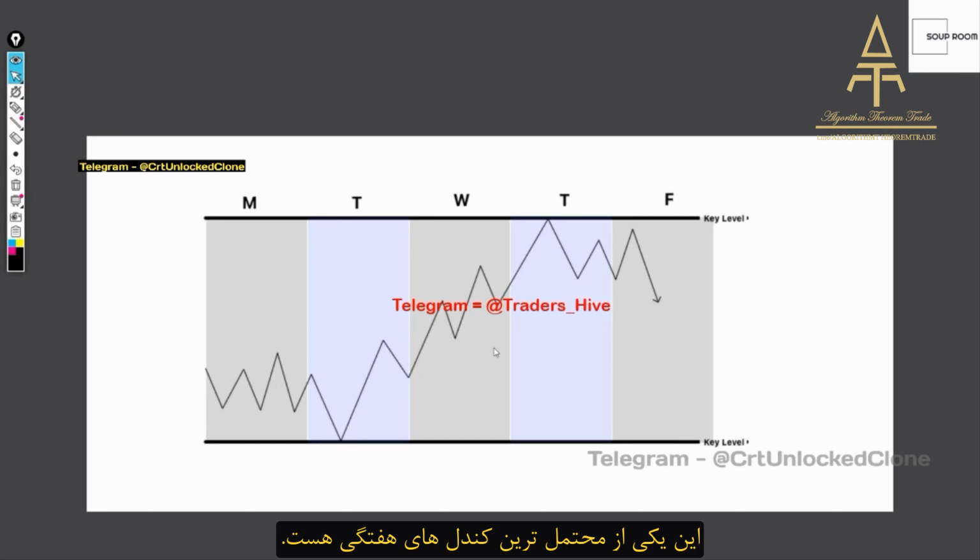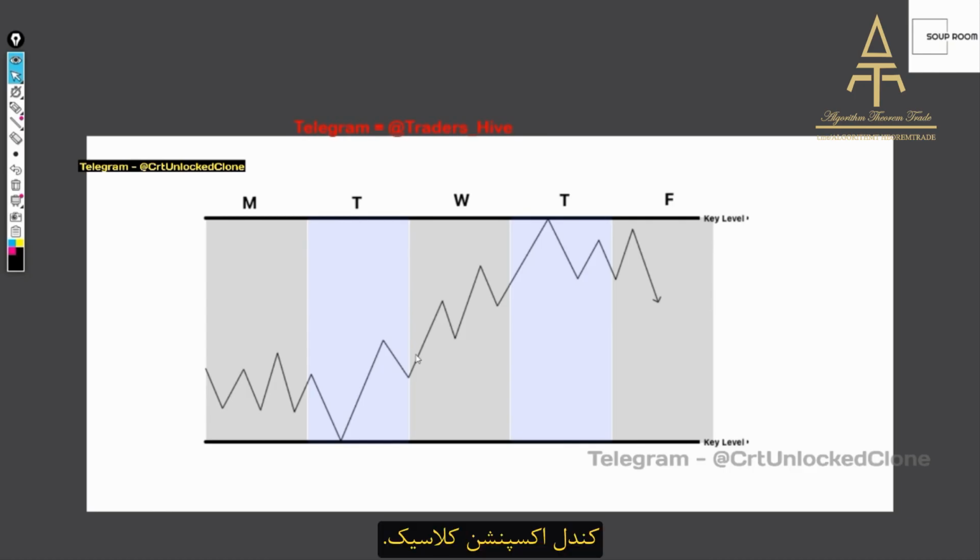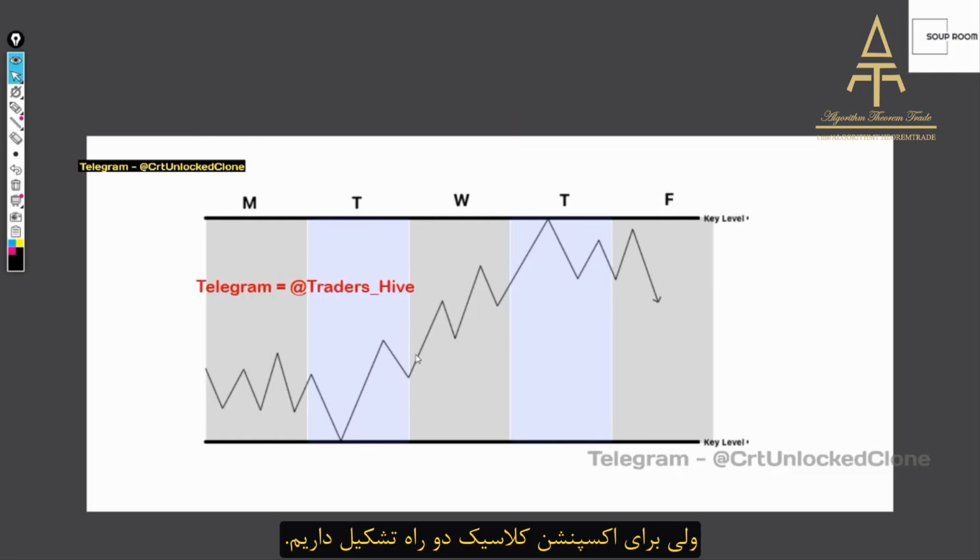This, of course, is one of the highest probability weekly candles to form. A classic expansion candle. I forgot to mention that there are two possible ways that a classic expansion can form.